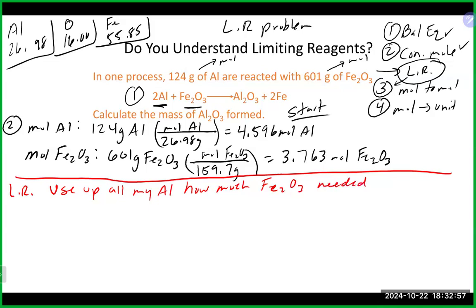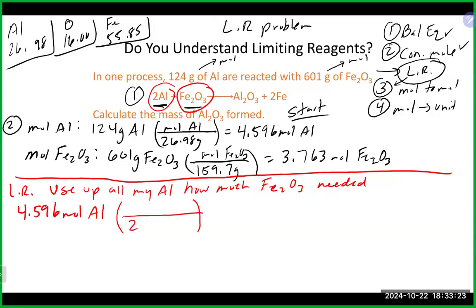So that's just a basic small little calculation between the two reactants. To do that calculation, I would take my 4.596 moles of aluminum. I would go to my equation and find the relationship between these two, which is 2 moles of aluminum to 1 mole of the iron 3 oxide. I would use that relationship.